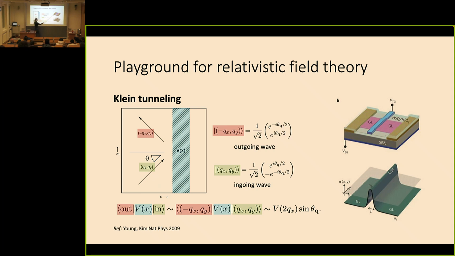So they made a graphene sample, they put a top gate on top of it that would represent this barrier, and then they needed to do some math to make sure that they would only have electrons going perpendicular to this barrier. And they really could see, this is a paper from Andrea Young from 2009, that graphene perfectly behaves like this relativistic perfect Klein tunneling, ignoring all kinds of potential barriers.